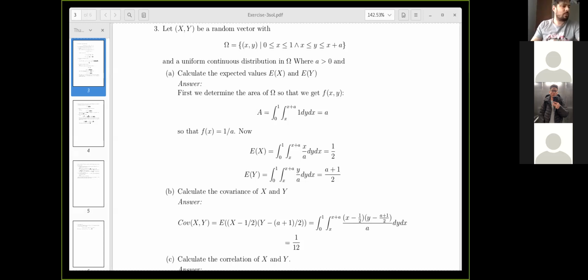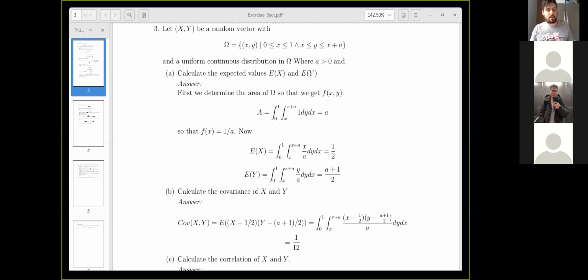So let me draw this for y. In order to get that for y, we have to take f(x,y), which is equal to 1 over a. We start with this. This is our density function for both x and y together. Now, in order to find f_Y(y), we have to integrate f(x,y) dx from 0 to 1.